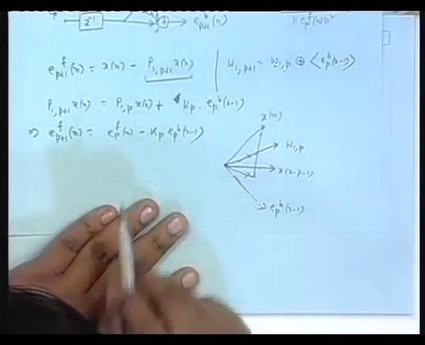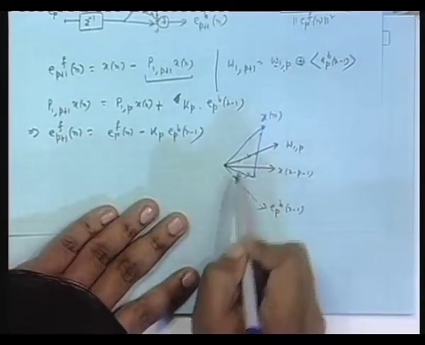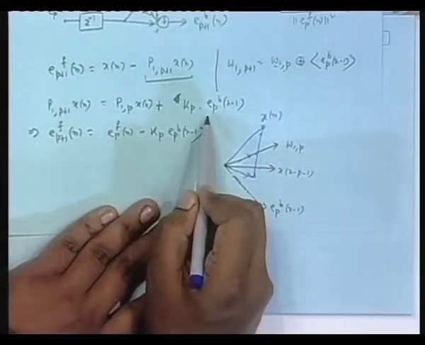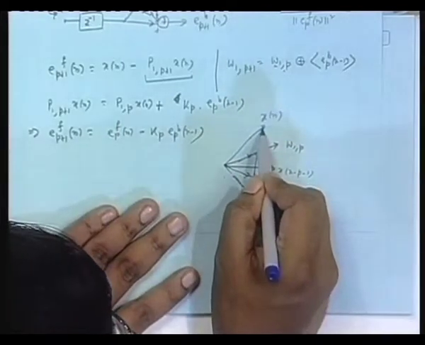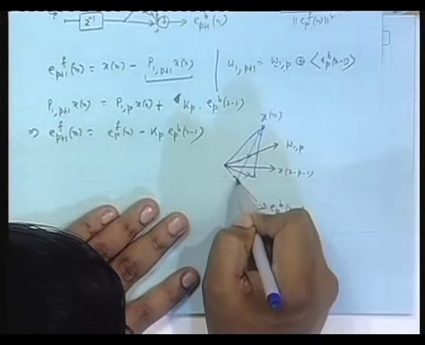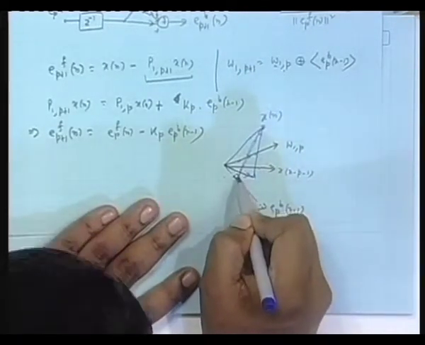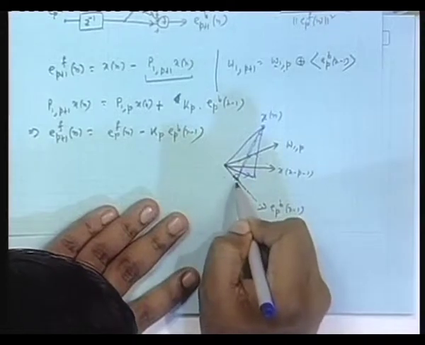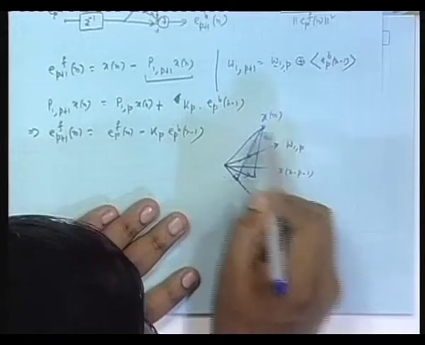But what we did here, we wrote that projection as a summation of two projections: projecting along this error, which is this component, and projecting along this. If you draw a perpendicular this much, and take a projection on this, this might become little clumsy.